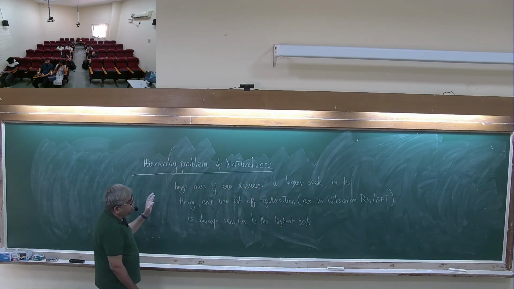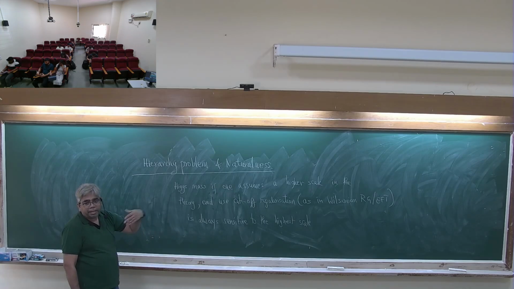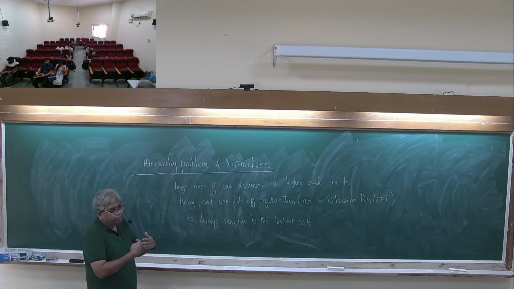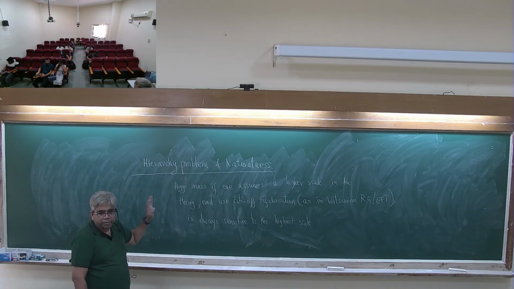In the presence of a higher scale. Now, if you say that there is no Planck scale, there is no problem. Okay, if you say that there is no Planck scale, there is no problem. If you say there is no other new physics scale, there is no problem. This entire Wilson approach will work.